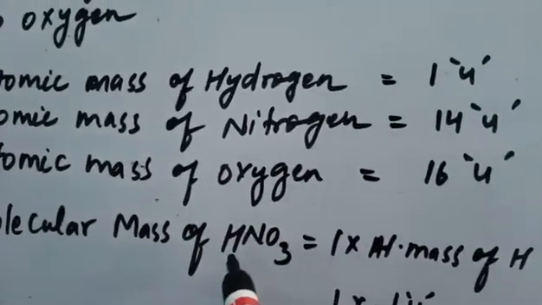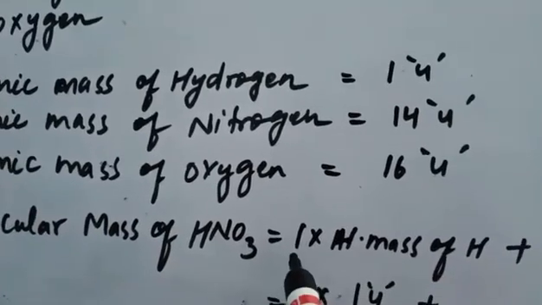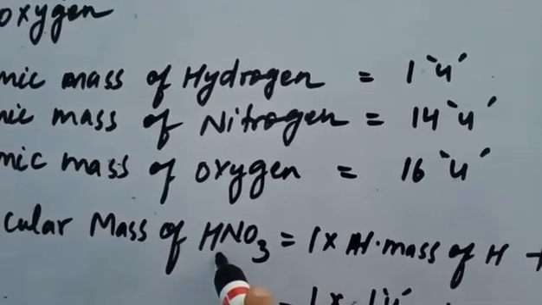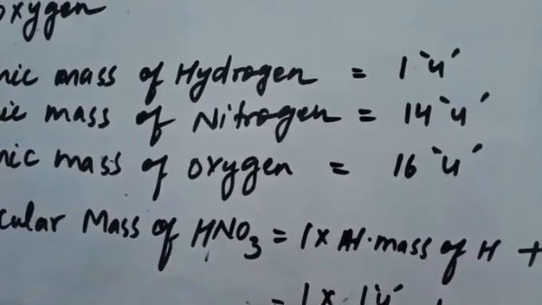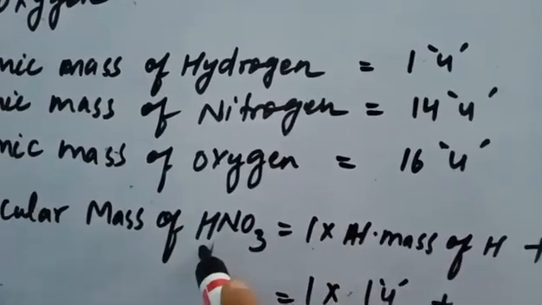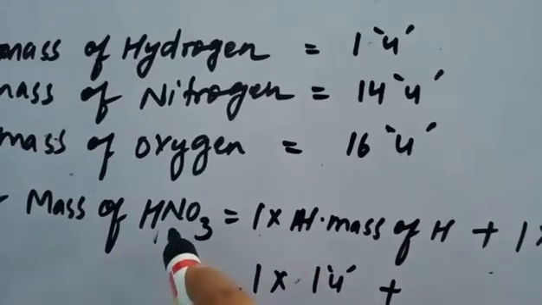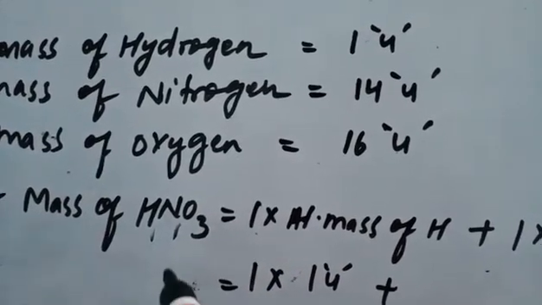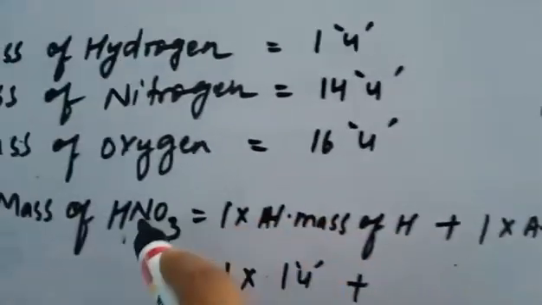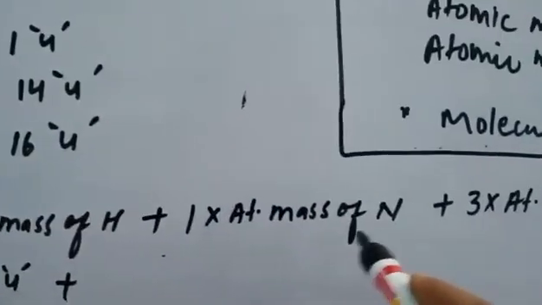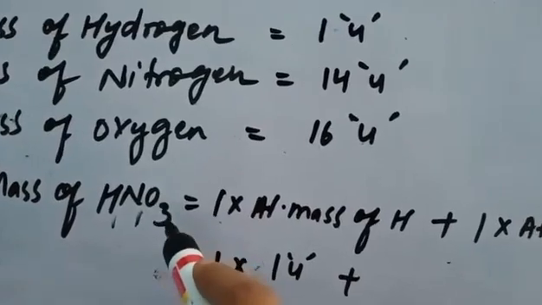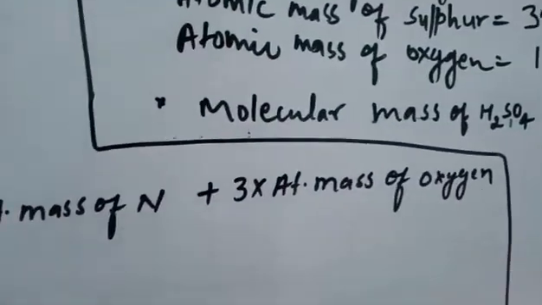The molecular mass of HNO3, nitric acid, is equal to: there is one atom of hydrogen, so we write 1 into the atomic mass of hydrogen, plus there is one nitrogen atom, so 1 into the atomic mass of nitrogen, plus there are 3 atoms of oxygen, so 3 into the atomic mass of oxygen.